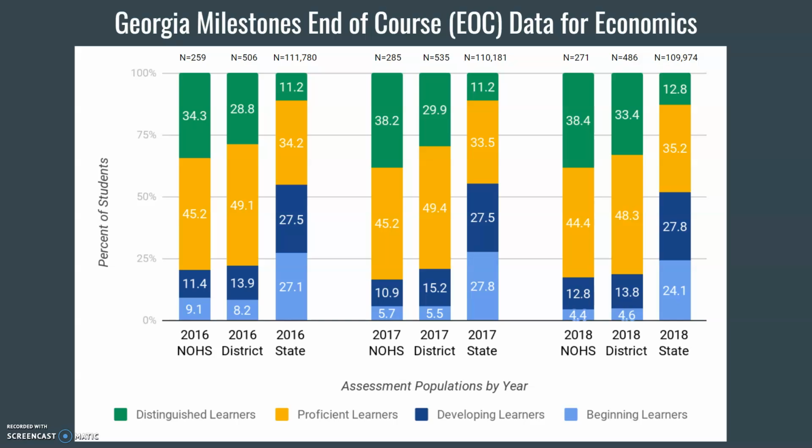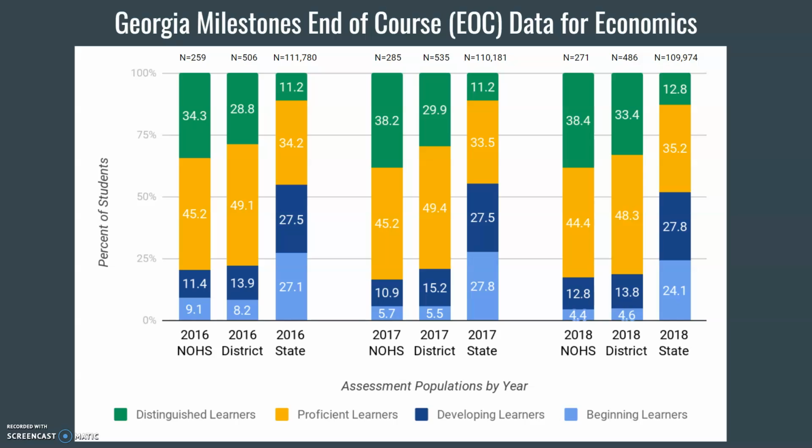Here you can see in 2016, North Oconee High School students have the highest percentage of students scoring in the Distinguished Learners category, with 34.3% of our students scoring in the Distinguished Learner performance level.